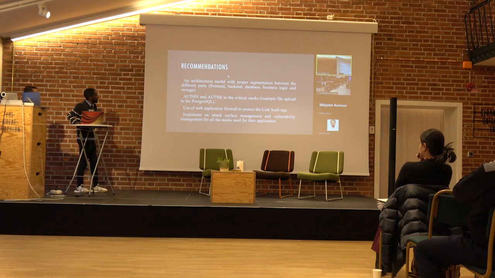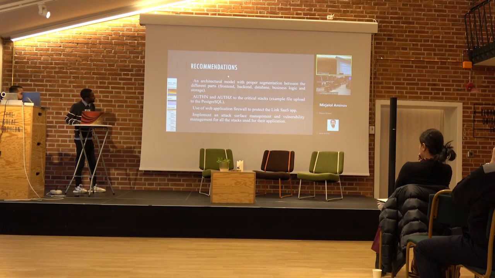So this is our recommendation. Like we said, we do not see a clear segmentation in part of the architectural model. Maybe they have another part of the architectural model that they do not share with us, we did not know. And these are critical components, so there should be authentication and authorization between them.